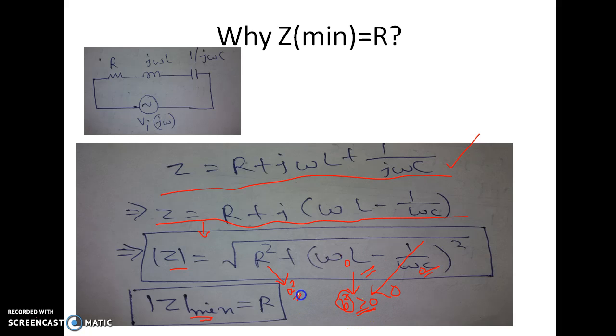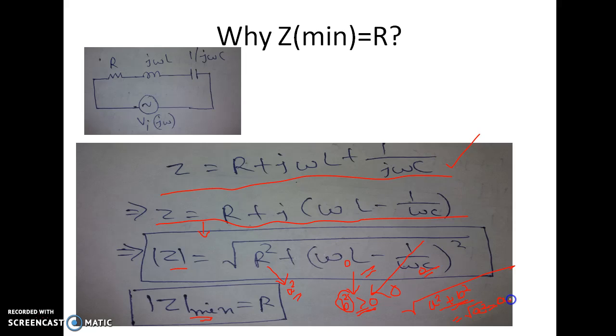Suppose a is not variable. A is constant, so basically the expression is root over of a square plus b square. Clear? Now see, b is variable and b square is greater than or equal to 0. So the minimum value is when b square equals 0. That means mod of Z equals root over of a square, which is the minimum value, and that equals a.